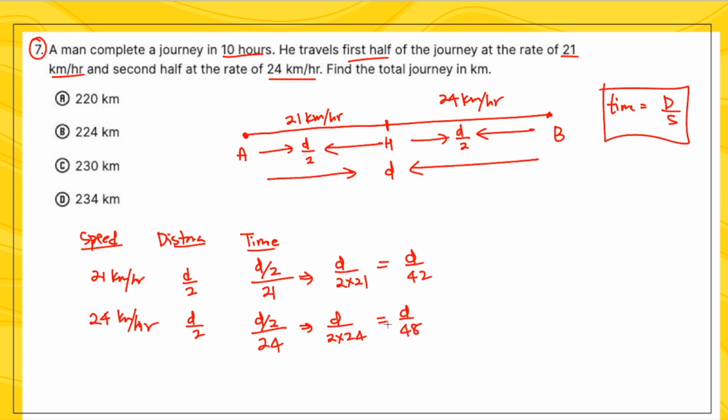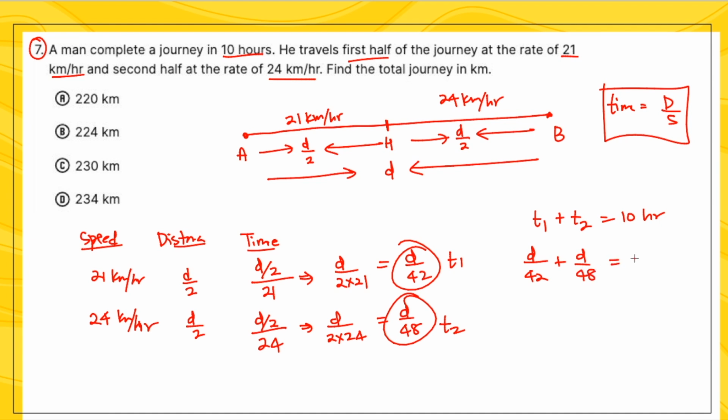Now we have the two times. If this is time t1 and this is time t2, the time required to complete both halves, the total time is 10 hours. So you can simply equate: t1 plus t2 is equal to 10 hours. Using that, I put in the values: d by 42 plus d by 48 is equal to 10.